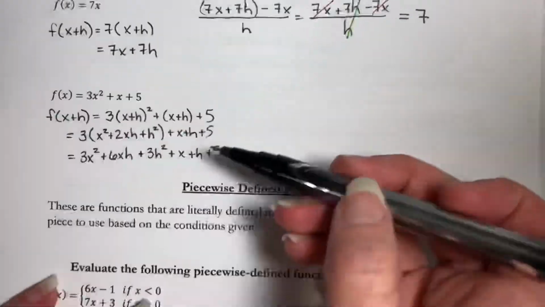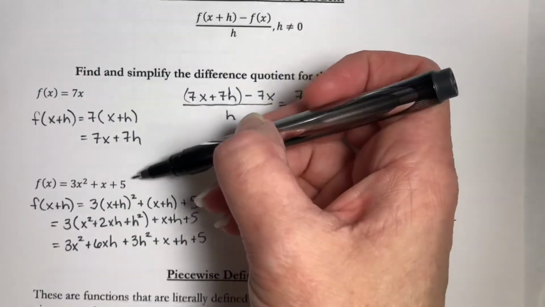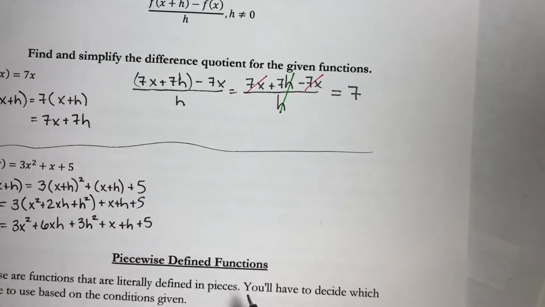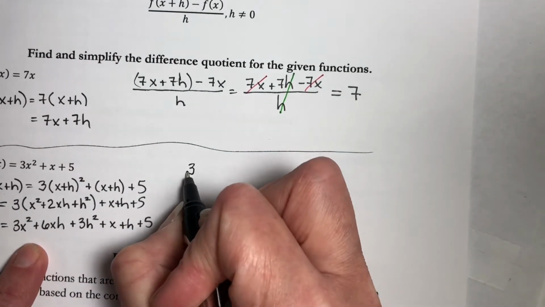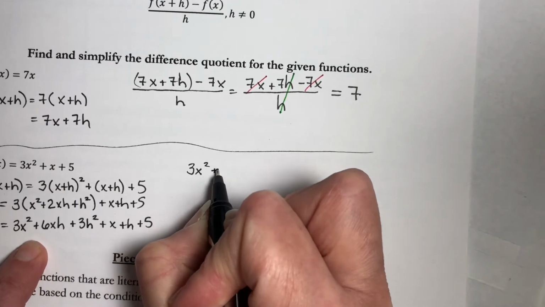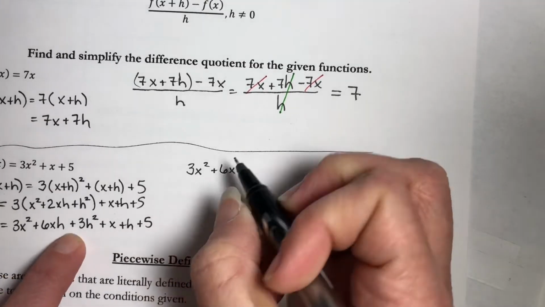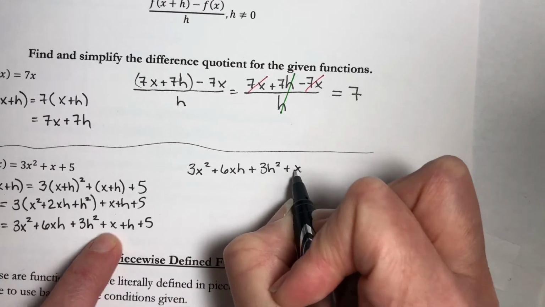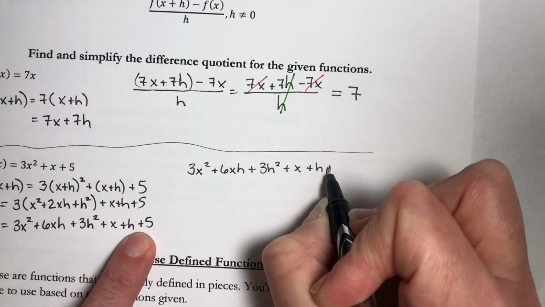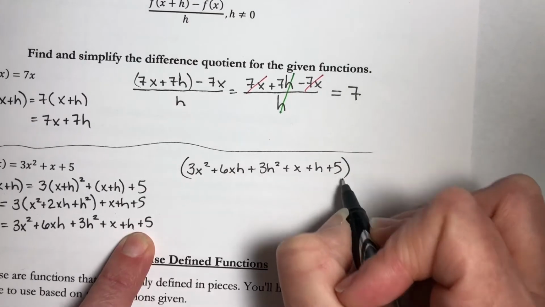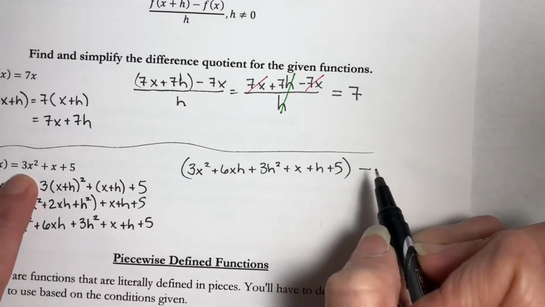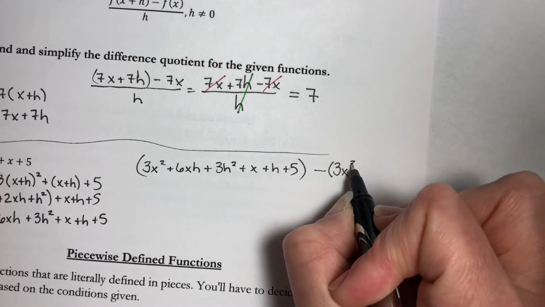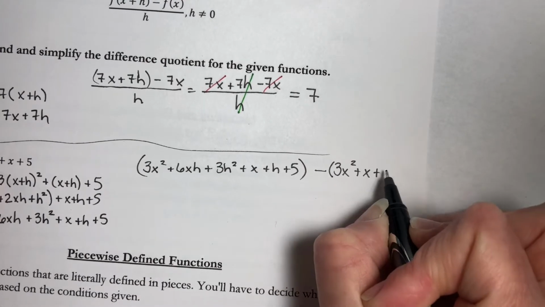Okay, so now let's find the difference quotient. And we're going to take this minus this and then divide it by h. So I have 3x squared plus 6xh plus 3h squared plus x plus h plus 5, minus this, 3x squared plus x plus 5.